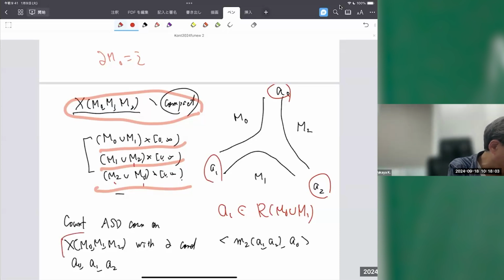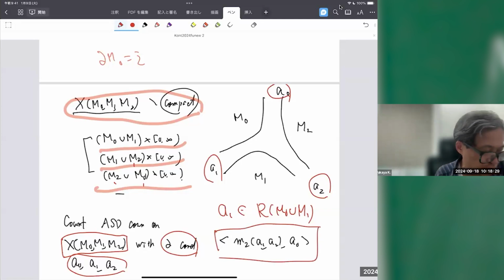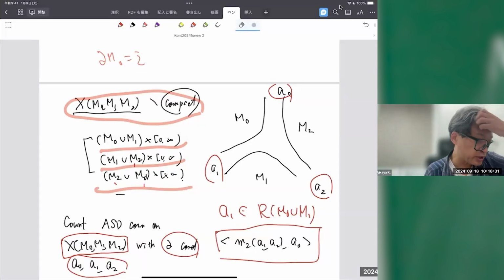Then on this four manifold, on which we fix a Riemannian metric, with asymptotic boundary conditions, we consider the set of all anti-self-dual connections whose asymptotic boundary condition is these three, A0, A1, A2. And if the index is correct, we can count its number. This is the M2 product, so you have this product structure.